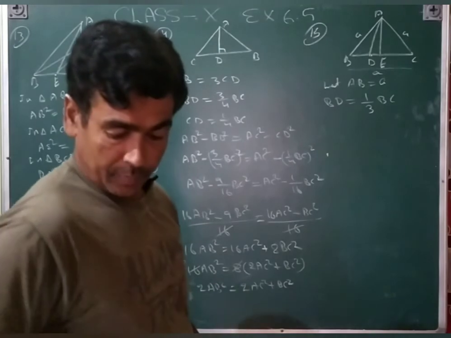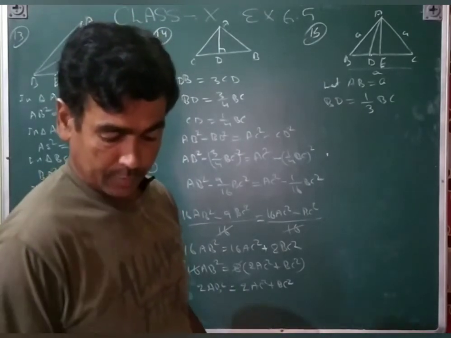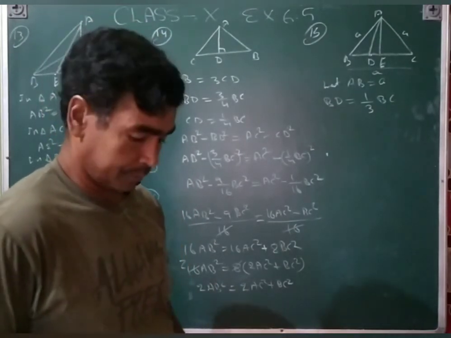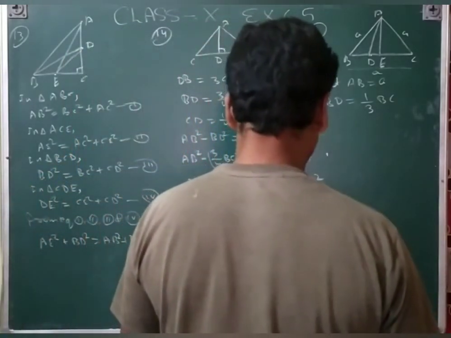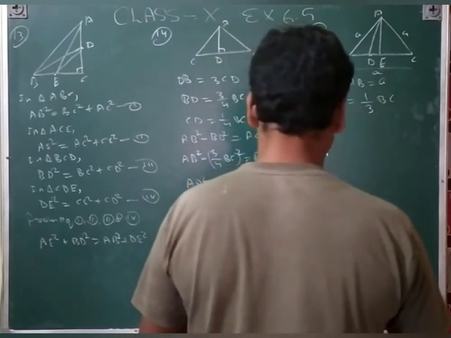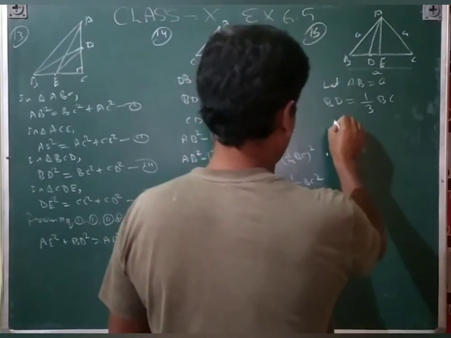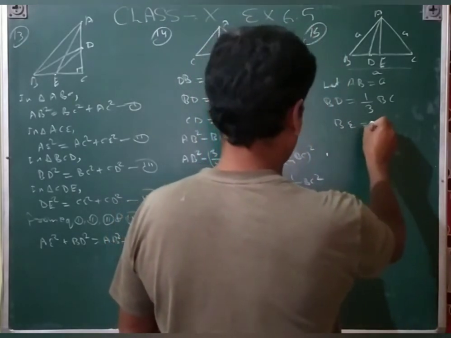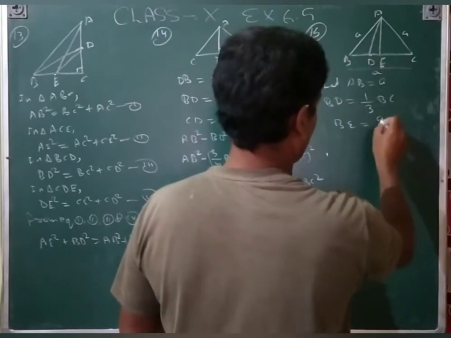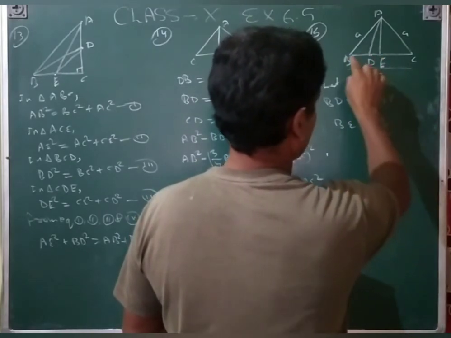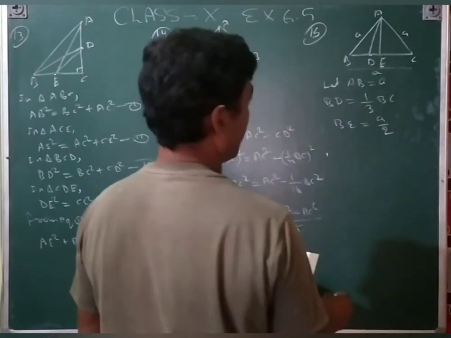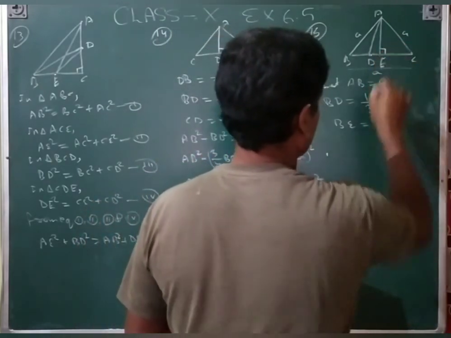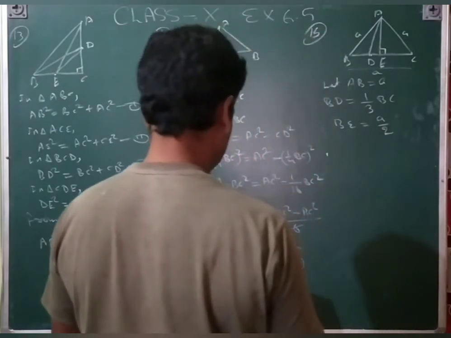Now, BE is equal to half of BC, because E is the midpoint; it is the median, or the 90 degree line, so it will be the median also.